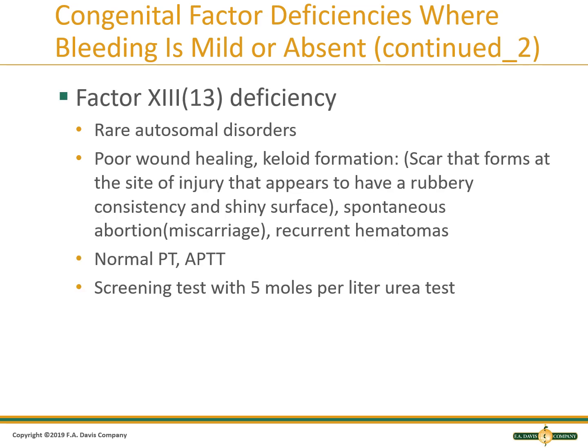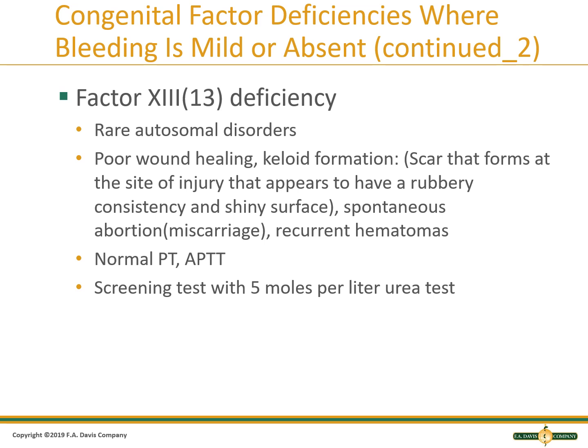Continuing with congenital factor deficiencies, where bleeding is mild or even absent, we have the factor 13 deficiency, which is considered to be a rare autosomal disorder. Symptoms of this deficiency may be poor wound healing, meaning the wound is not healing as fast or as well as it could be.